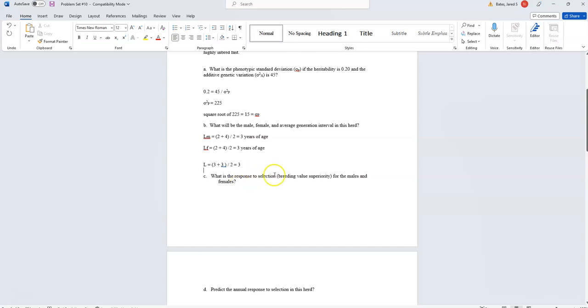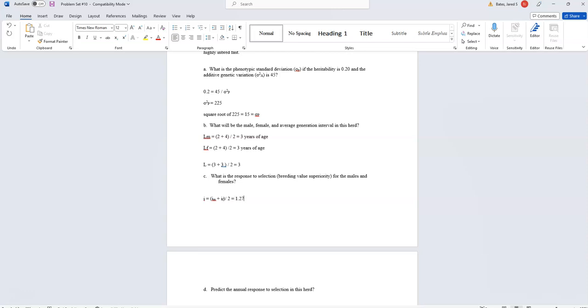What is the response to selection, breeding value superiority for the males and for the females? We're going to find the overall intensity value first. From your notes, I'm going to do IM plus IF. I'm just going to take the average of the intensity for the females and the intensity for the males, and I'm going to divide that by 2.